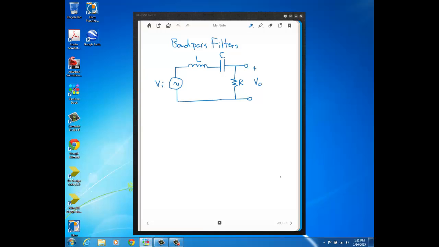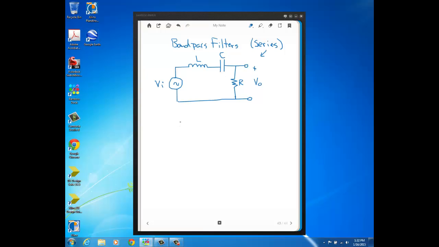That's a series bandpass filter. We'll look at two types of bandpass filters, the series case and also the parallel case later. This is a series bandpass filter, and you can see we've got our input voltage here, the output voltage is across the resistor, and then we have our storage elements.